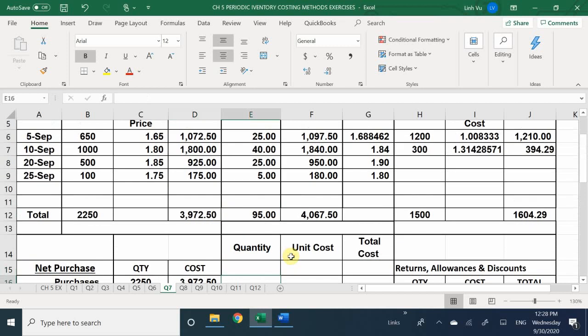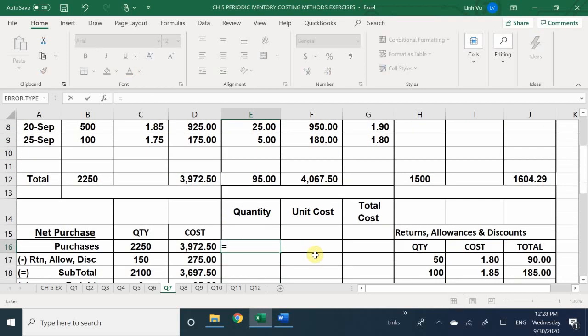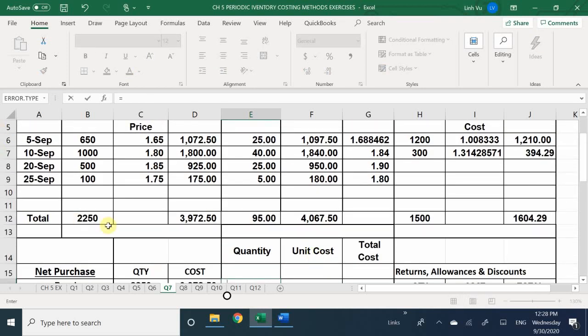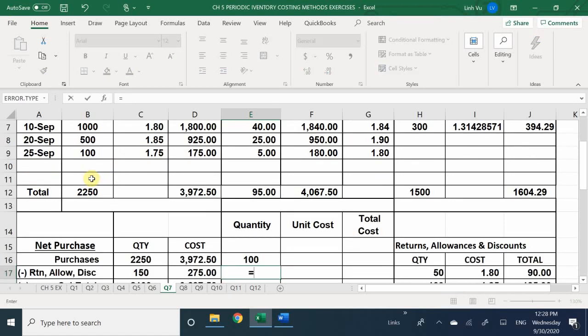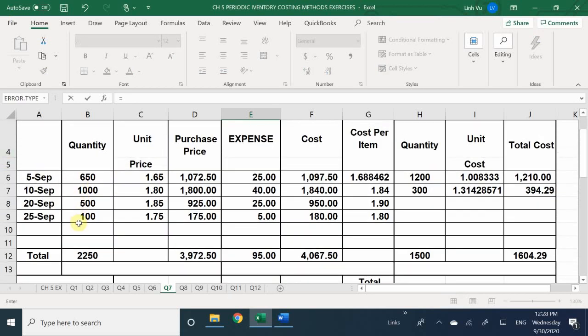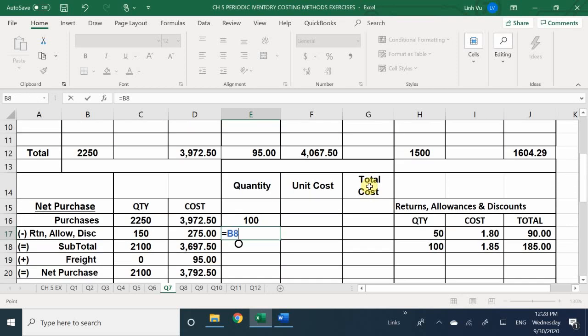So we know that the last thing that we bought was this 100 items. Okay. Then the next one that we bought was the 500, but we ended up returning 100 of those items.